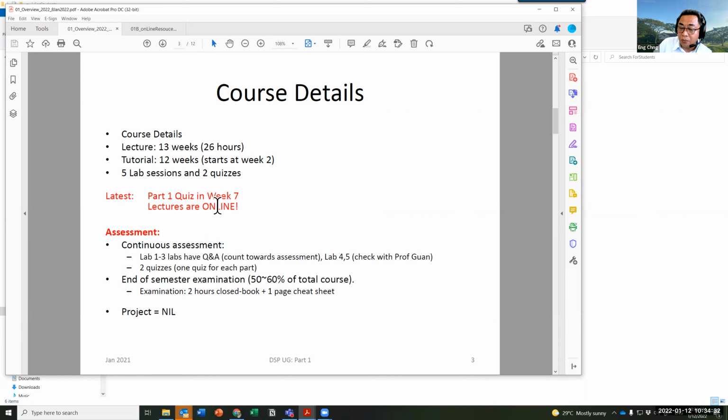So on that week, you must come back to NTU. Then we'll divide you into groups of 40 students, so that there'll be spaces in between students, and you will take the quiz physically in NTU in one of the lecture theatres. We will give information later on, but you'll know that for part 1, there is a quiz. The content of the quiz is all of part 1.